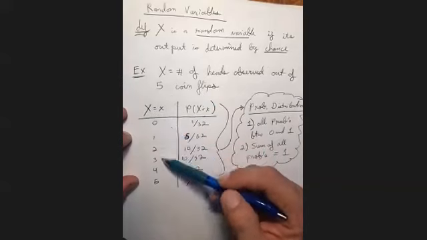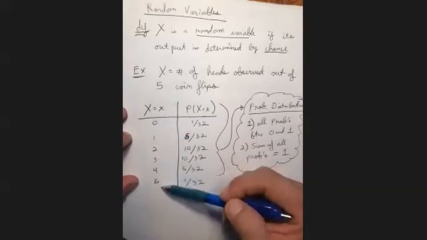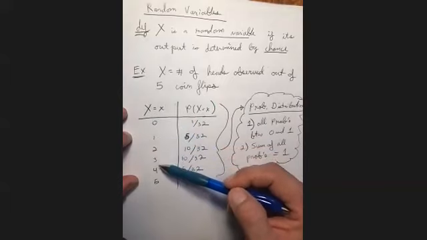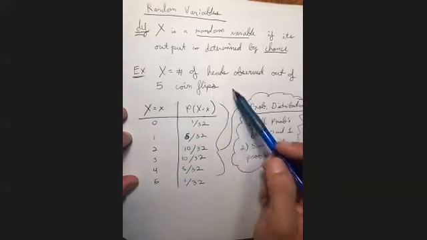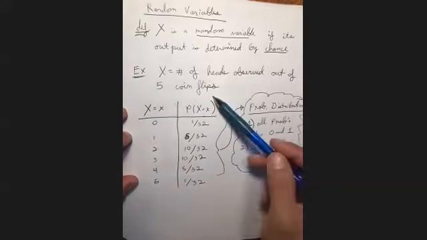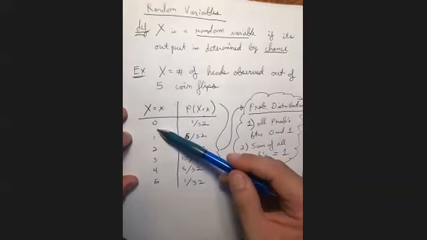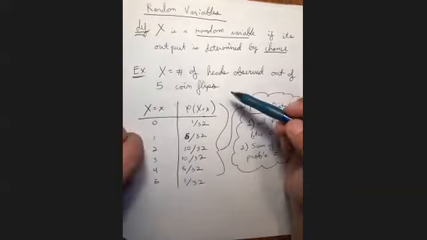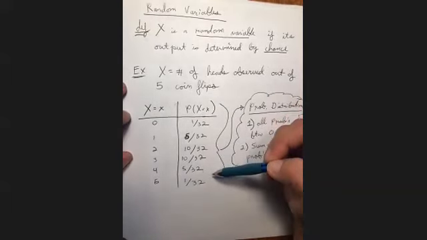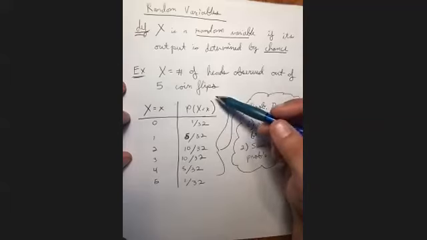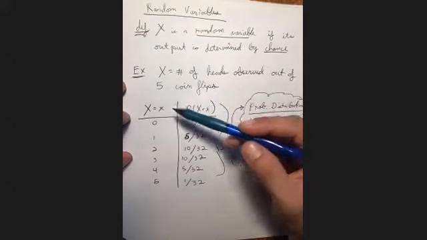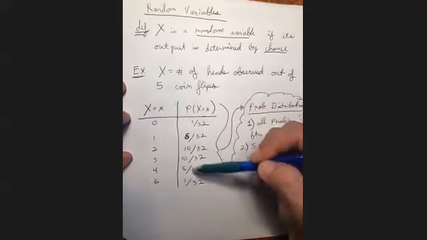So here are all the possible outputs of X. X can be 0 heads, 1 heads, 2 heads, 3 heads, 4 heads, or 5 heads. And then here we have the associated probabilities of getting those particular outcomes. These are calculated using mathematical reasoning, and we won't go into the finer details of how this is calculated. Just take it on faith that these are the correct numbers.